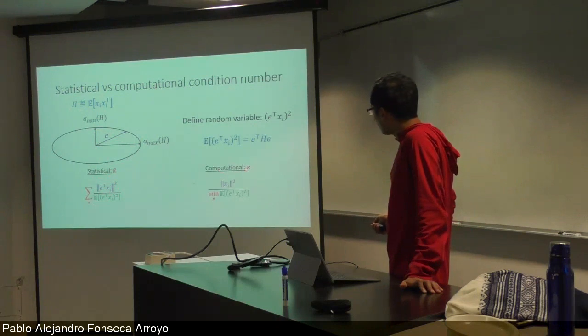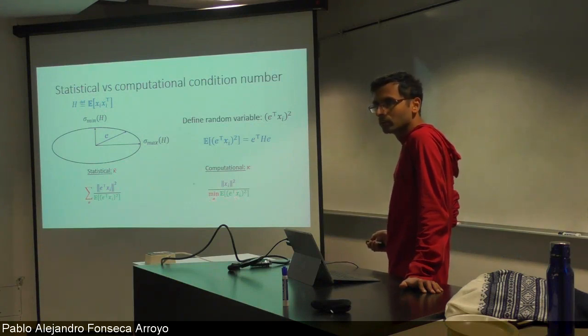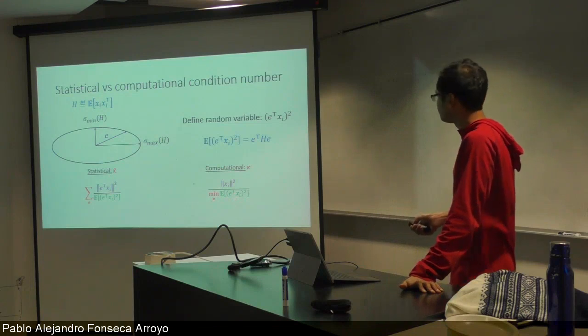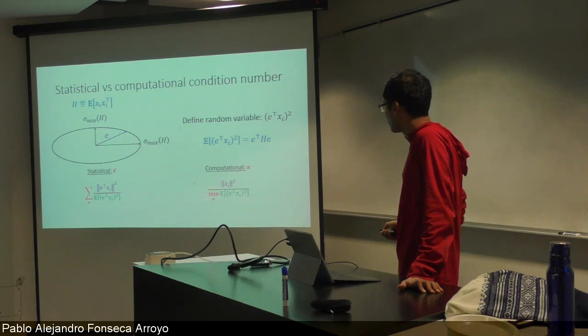On the other hand, the computational condition number that we have defined is the norm of xi squared divided by the minimum over the eigendirections of the expected value of (E transpose xi) squared. Now, if you take the summation over all E, this is nothing but the norm of xi squared, and then you are replacing the sum in the denominator with the minimum.